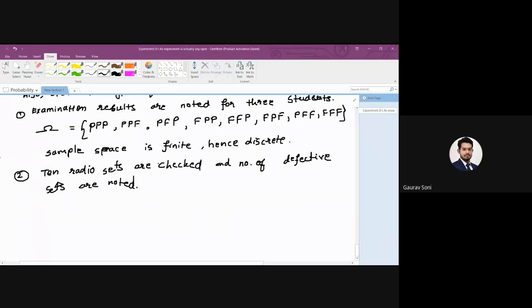Yes. So what will be the sample space now? How many defectives can be there? What is the possibility? Tell me. Maximum 10. Can there be no defective?